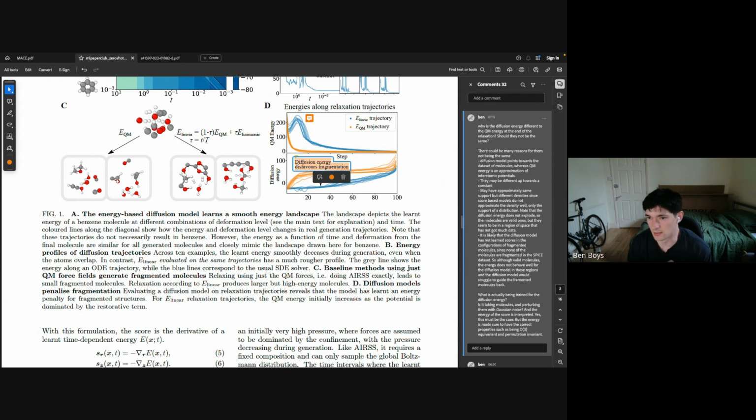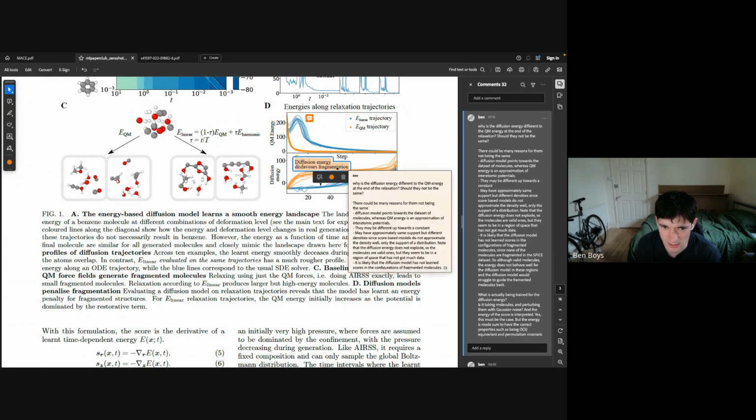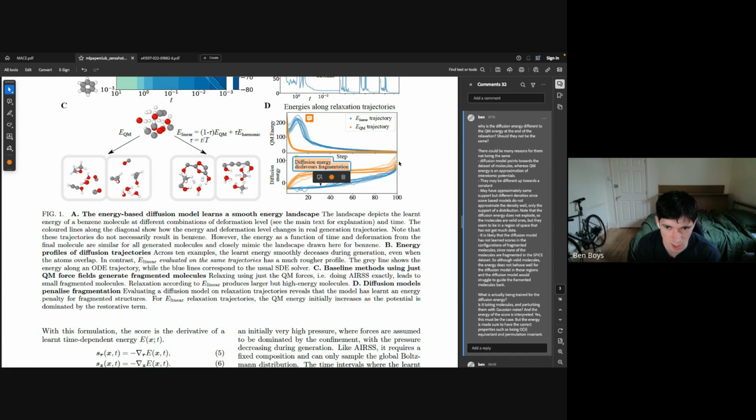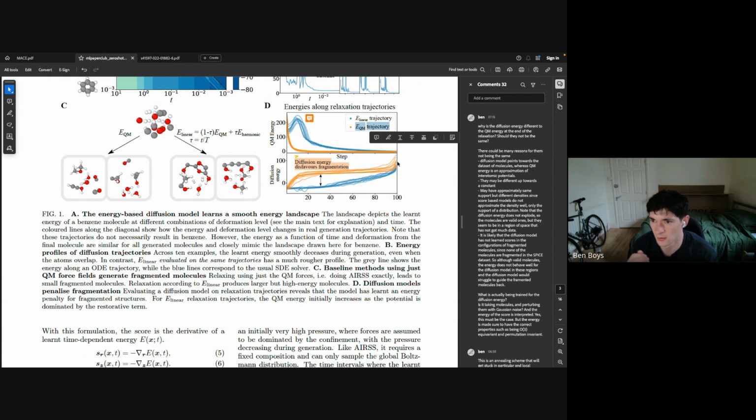And that's the insight. One question I had here is that, okay, if they're generating molecules that are close to the data set, and the data set has only physical molecules in it, so these are molecules that exist and are high probability, then why is the diffusion energy so high for the quantum mechanical trajectory at the end? There are a number of reasons for this.